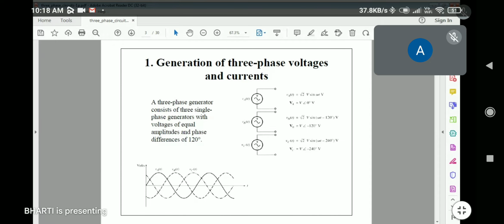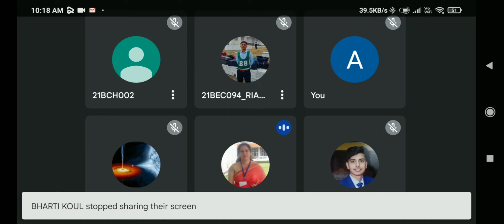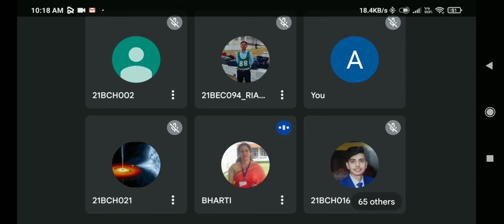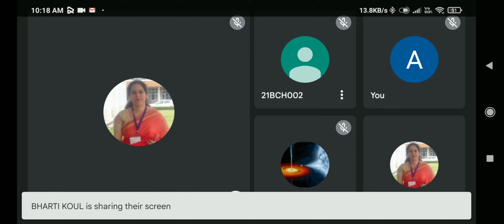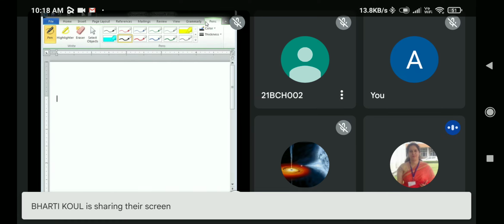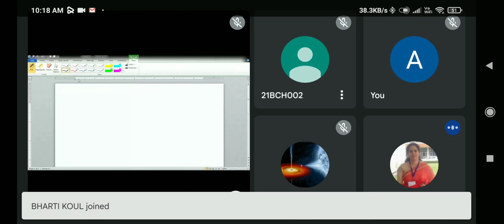And these three expressions, I'll write again for you so that you can understand well. I'll try to communicate it in a different manner. Just now we discussed the three phases.